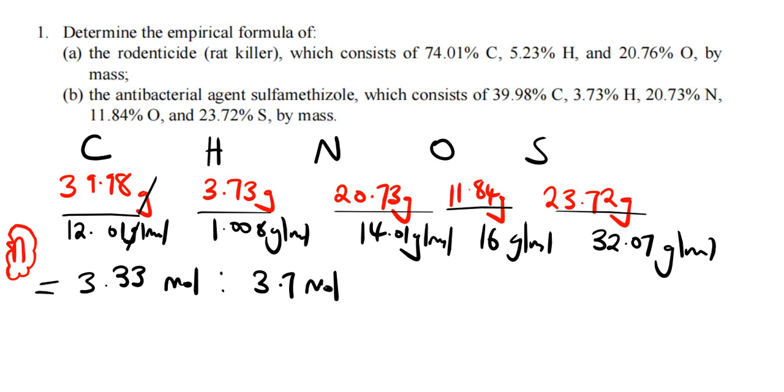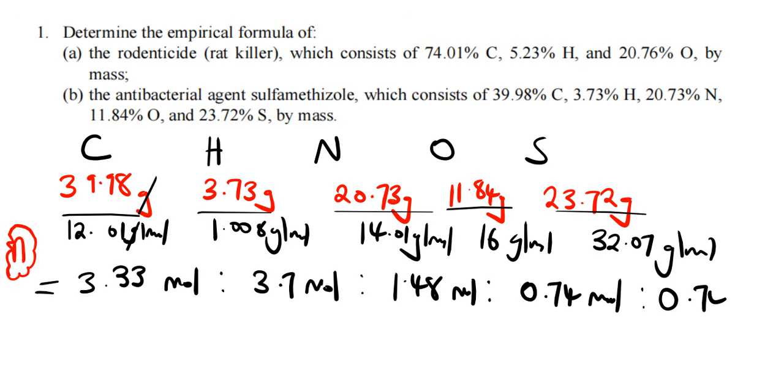For nitrogen, 20.73 divided by 14.01, I'm getting 1.48 moles. For oxygen, 11.84 divided by 16, I'm getting 0.74 moles. The last one, sulfur, 23.72 divided by 32.07, is 0.74 moles.